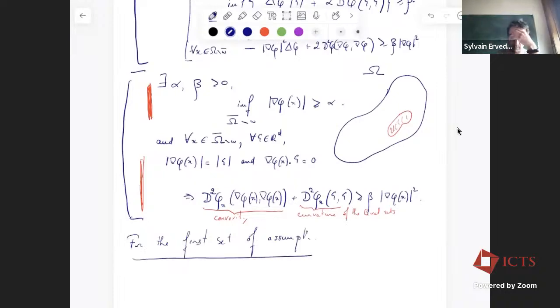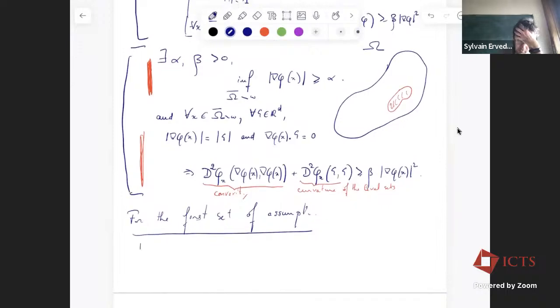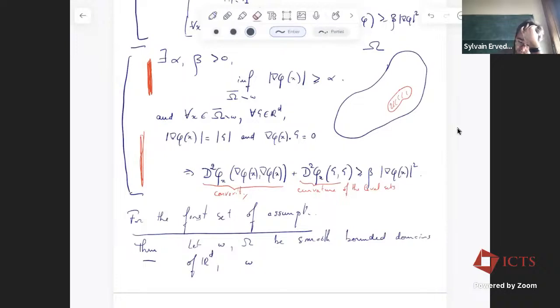So for the first set of assumptions, I will prove the following. Let omega, capital omega, be smooth bounded domains, and small omega, well, non-empty, of course.